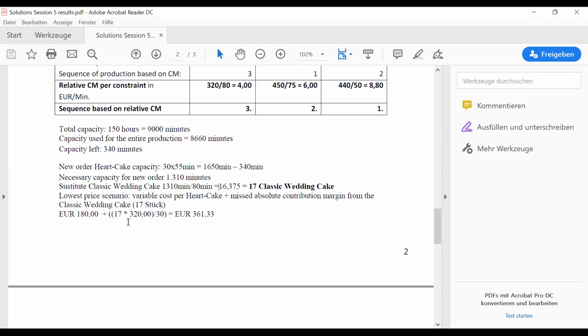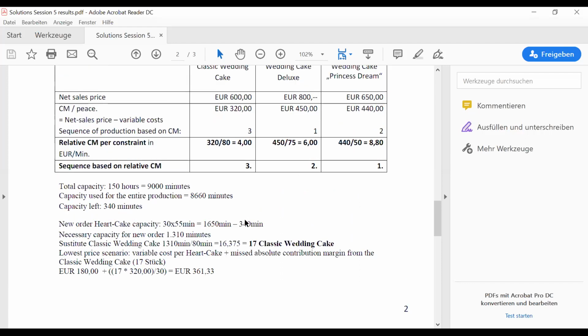So 17 times, and now be careful to use the absolute contribution margin, because this is still the actual contribution margin. The $4 are only in relation to the machine hours.